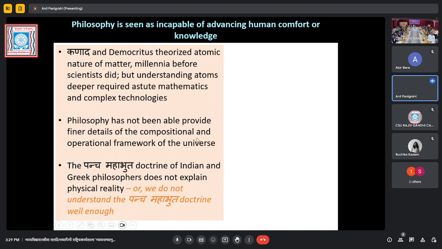What we have so far, from the philosophical standpoint, is the doctrine of the Panchamahabhuta. So the Greeks also had the same thing.